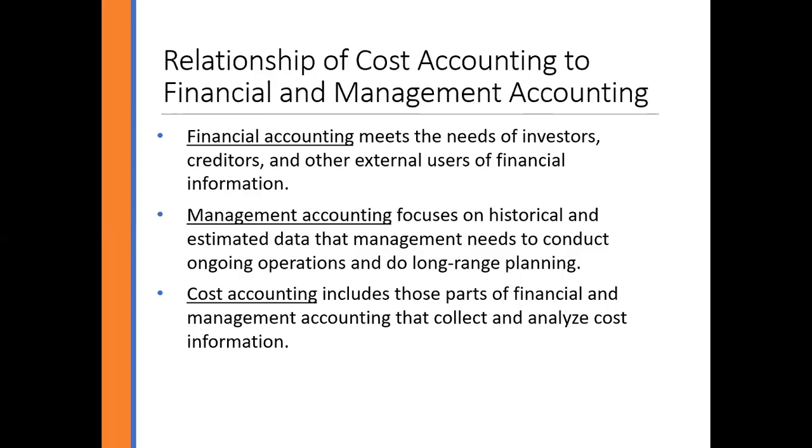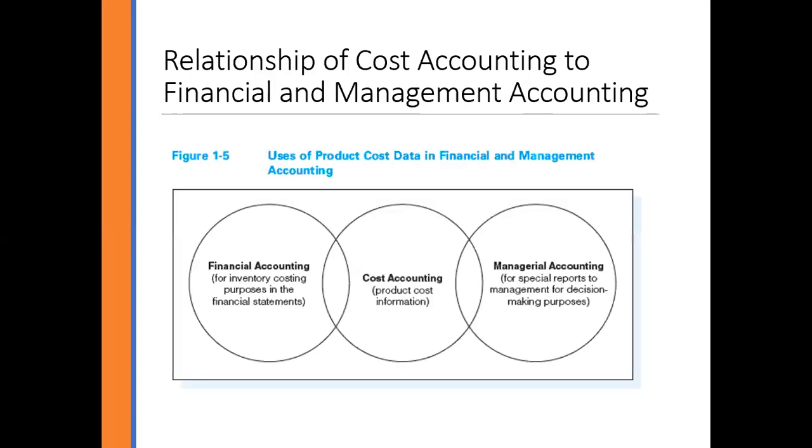And then cost accounting includes those parts of financial and management accounting that collect and analyze cost information. So again, really the terms are synonymous. Managerial accounting and cost accounting are very similar. This Venn diagram, if you would call it that, highlights those differences: financial accounting, cost accounting, managerial accounting.